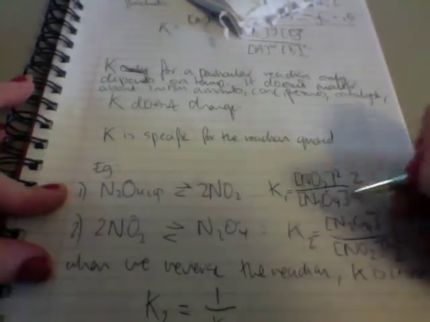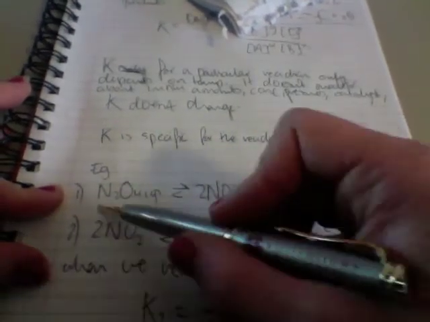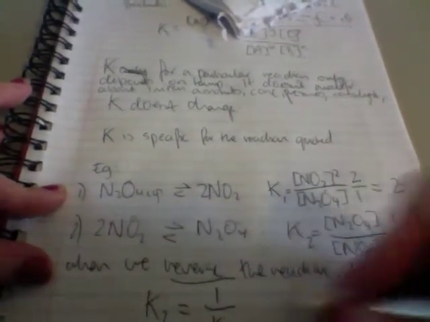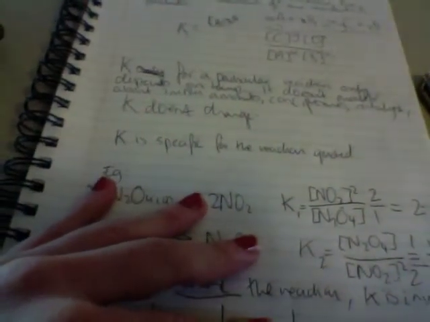So we flip it, it's 1 over 2. So that'll help. For example, if they tell you what the K is of a forward reaction, and then they ask you, what's the K of the reverse reaction? Well, it is the inverse, 1 over K. Okay. Let's see another mathematical relationship.